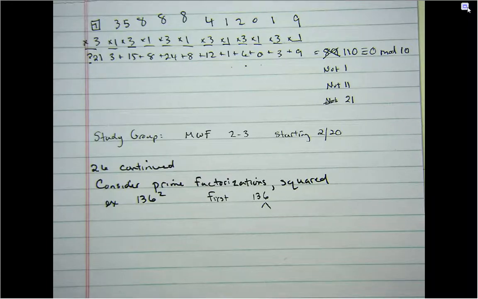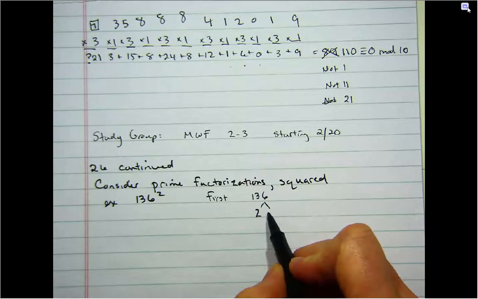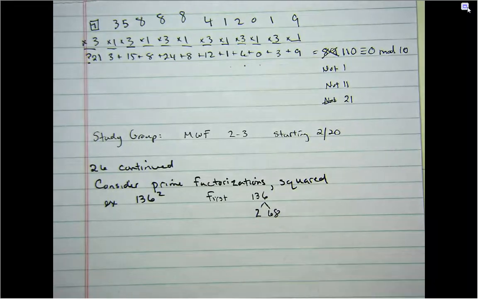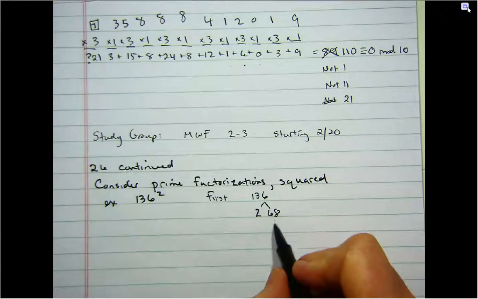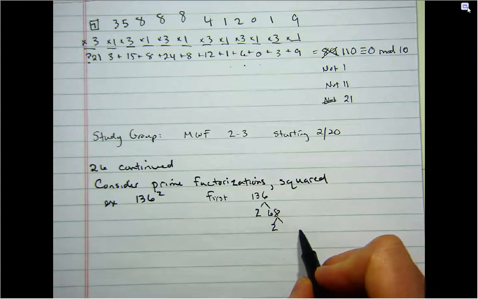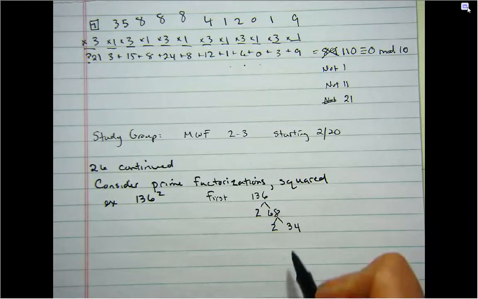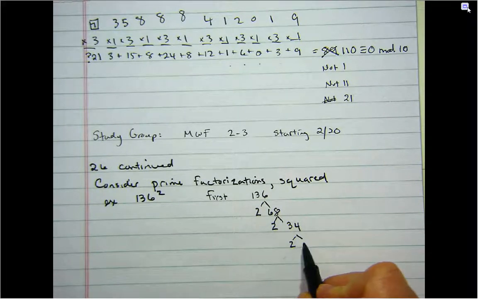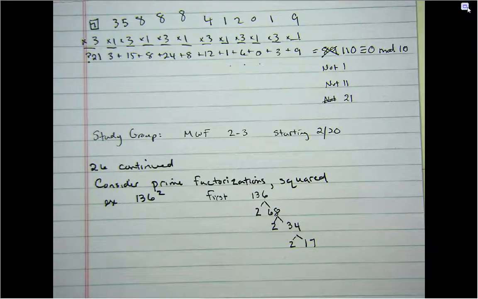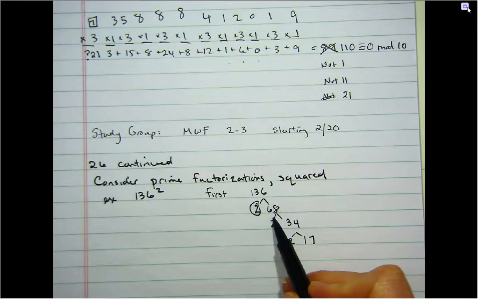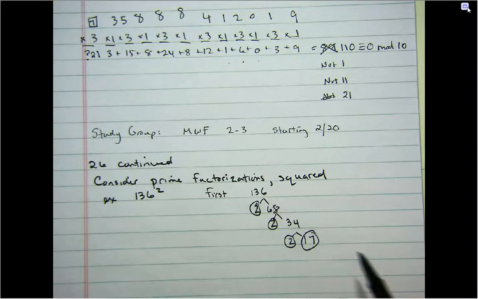Since 136 is even, I'll start with 2. 136 is 2 times 68. 68 is even, so I'm going to say 2 times 34. 34 is even, so I'll say 2 times 17. 17 is prime. So I have the prime factorization, 2 times 2 times 2 times 17.